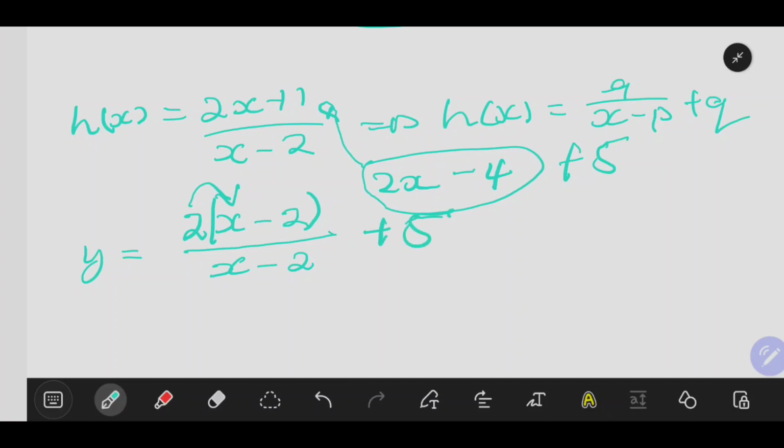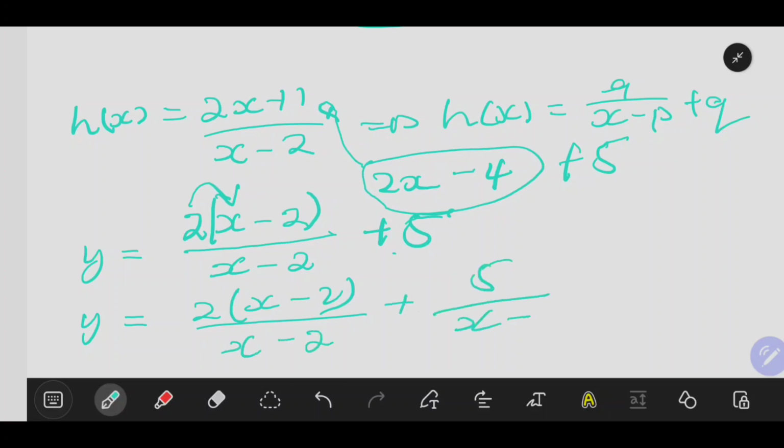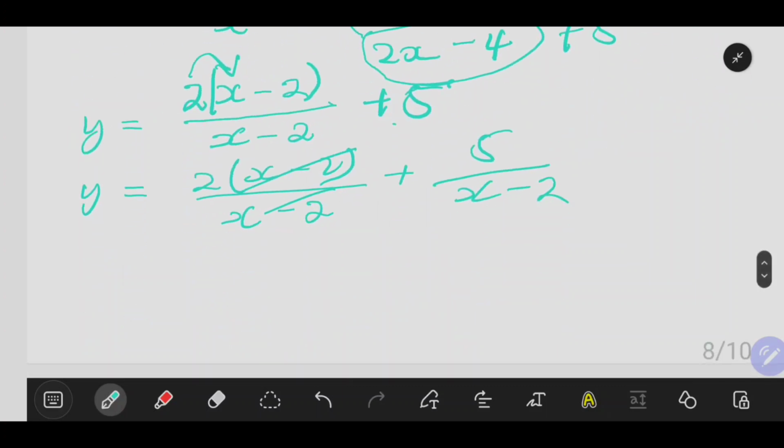Then when we add 5, we know that it's the same as saying y equals 2 into x minus 2 divided by x minus 2 plus 5 divided by x minus 2. Then this one will divide this one, then your y value now becomes 2 plus 5 over x minus 2.